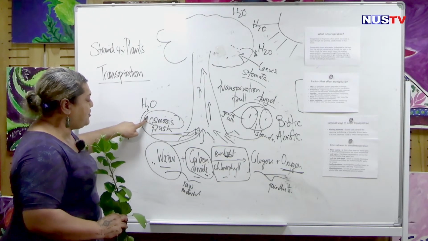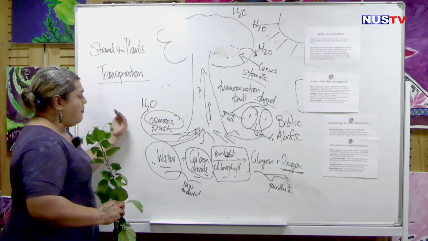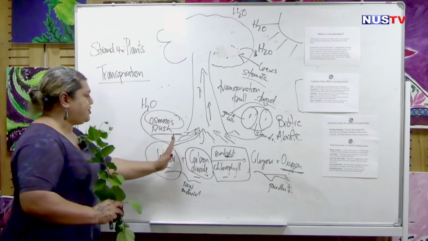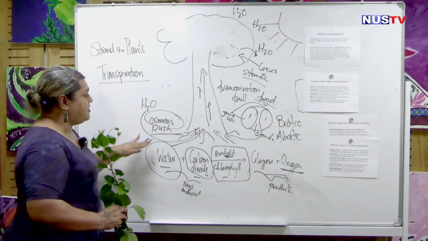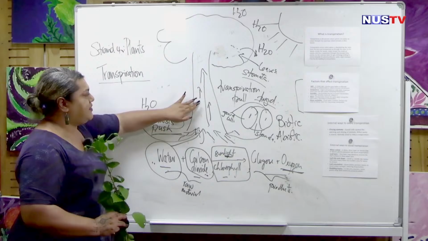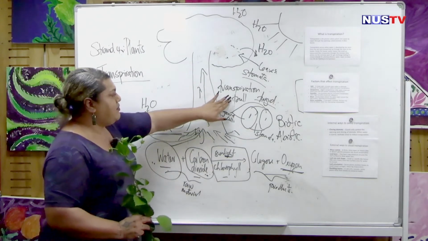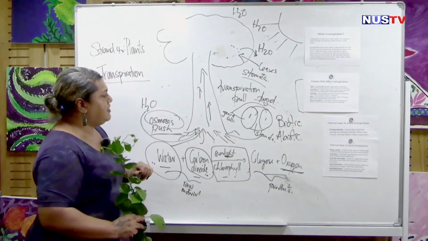There is an osmosis push that pushes the water into the plants. It's pushed into the plants. At the same time, transpiration pull is occurring.